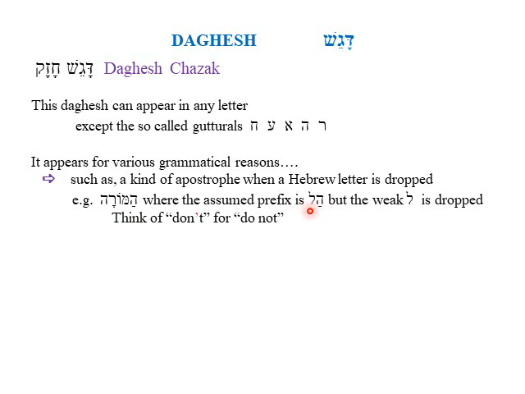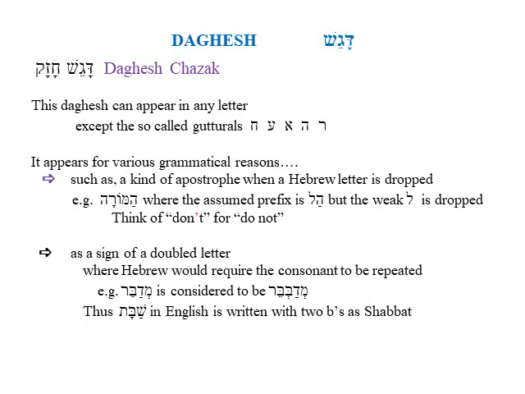But because the L is a weak letter, when it's joined to its noun, its next word, the L sound gets dropped and it gets replaced by a Hebrew apostrophe, this Dagesh Chazak in the next letter. As it does in English, think of the word don't with an apostrophe because the apostrophe stands for the dropped O in do not.